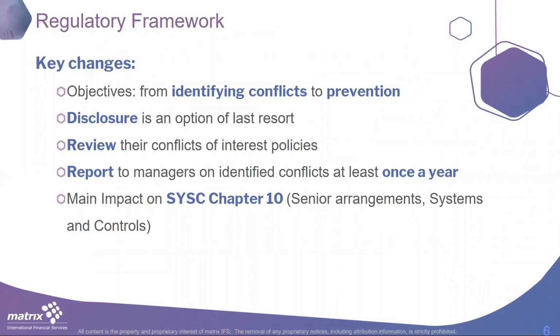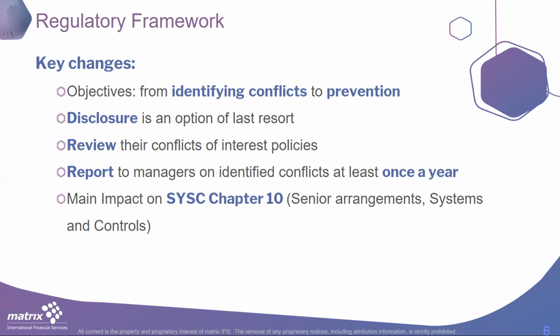Also, they need to show that there is no damage to the client and provide details of the conflict and what kind of risk it arises. Then the review of the conflict of interest policies, and there is obviously a once-a-year review that has to be done on all the conflict checks that were effected during this year for any kind of deal, and a report to senior management, therefore.